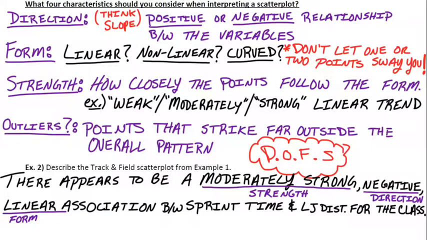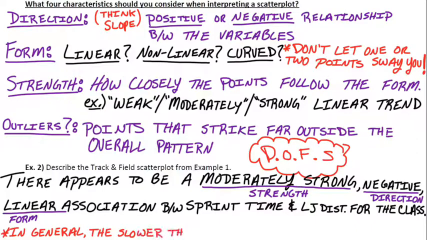One last little bit I want to point out where you can gain or lose points. That's the context piece. So you use words from the problem when you answer this question. So that's critical also. So in general, what's the trend look like?